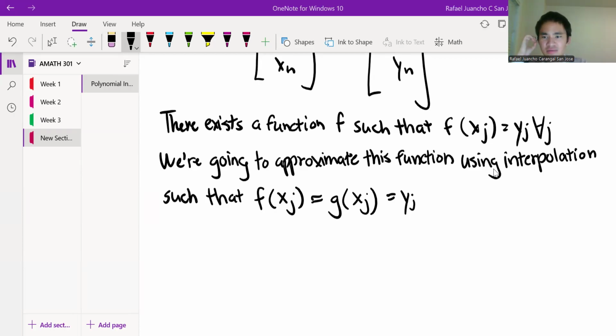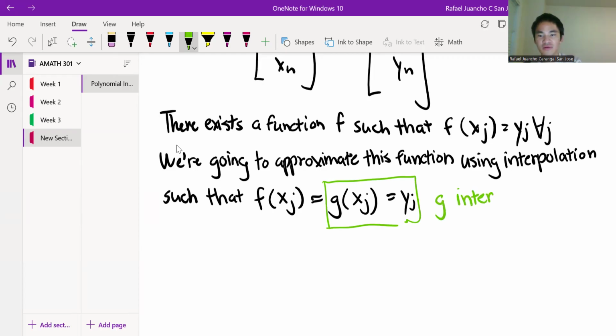And so what's happening here in this function, specifically, is that g interpolates the data.